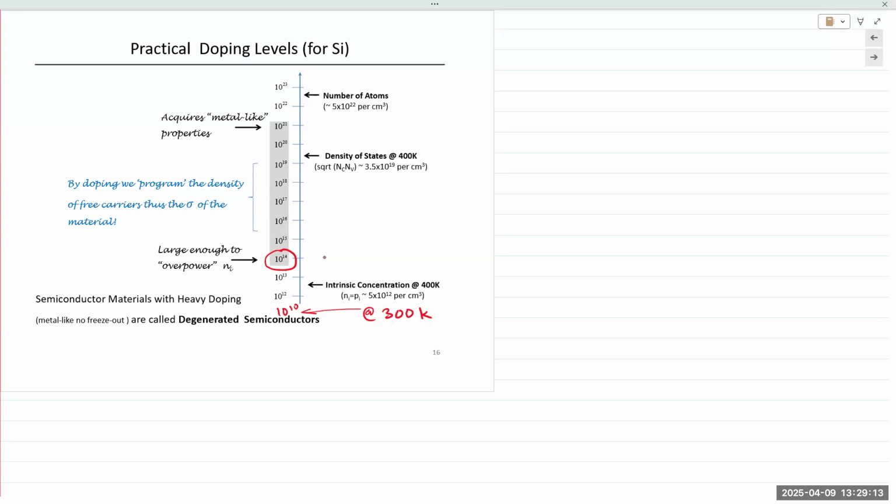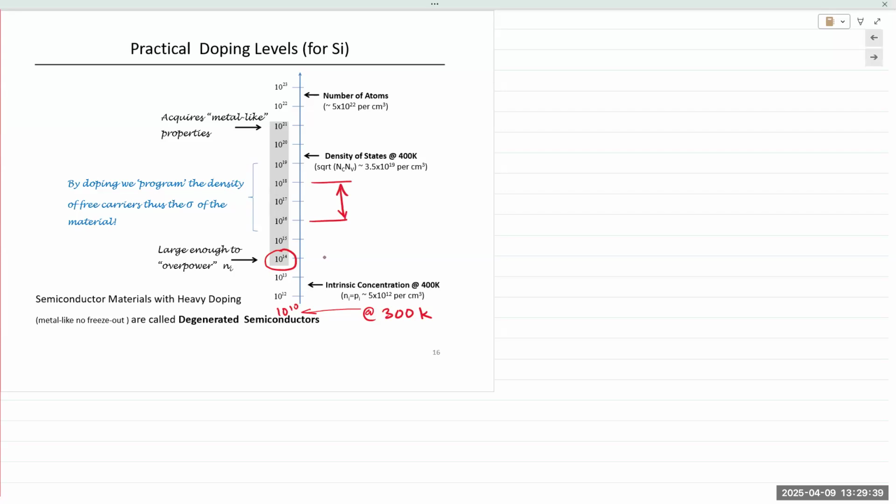From those dimensions, depending on what kind of resistance we want, we can calculate the dosage, meaning the number of atoms we want to implant into our semiconductor material. Okay, so in general, 10 raised to 16 to 10 raised to 18 is at least what I have seen and what I have read. Okay.